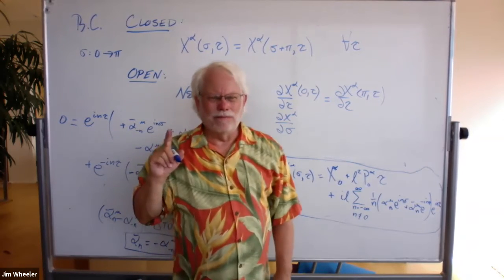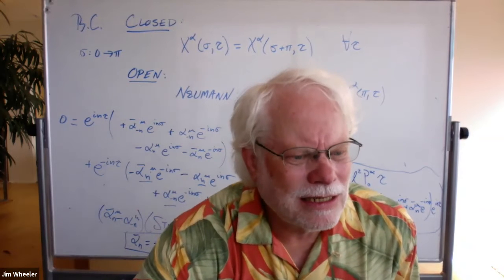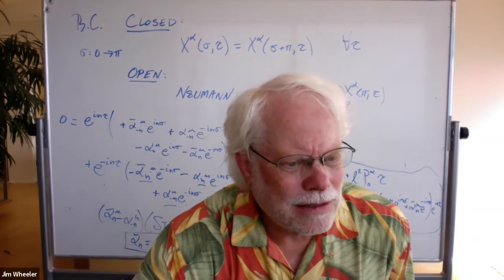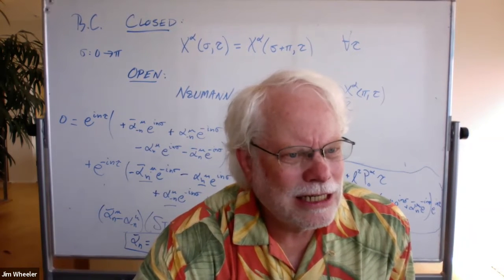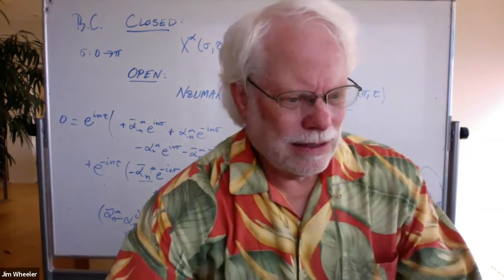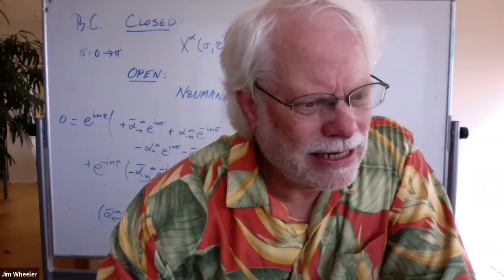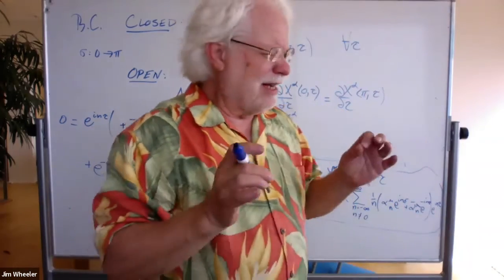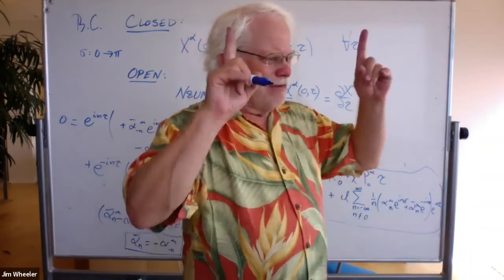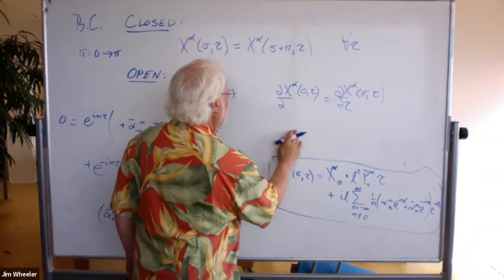Wait, let me double check myself on this, the Neumann conditions. I haven't worked through the open string here yet. No, yeah, d tau can be anything. It's just d sigma that we're interested in.